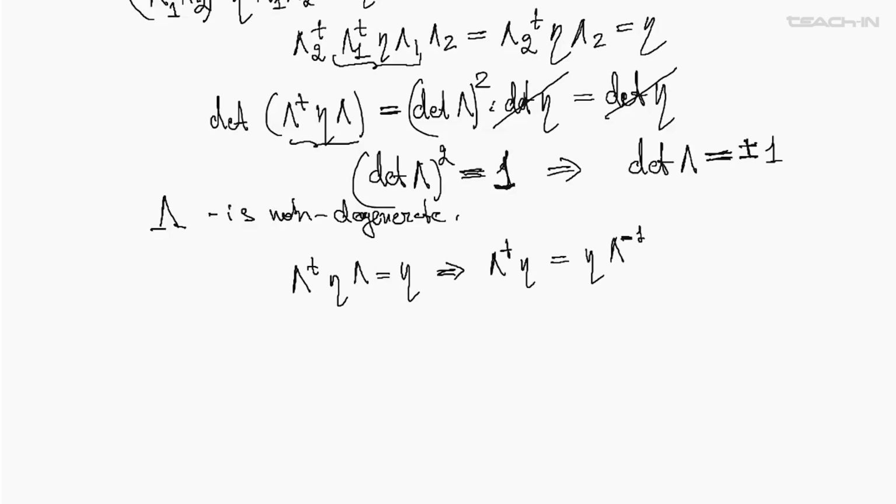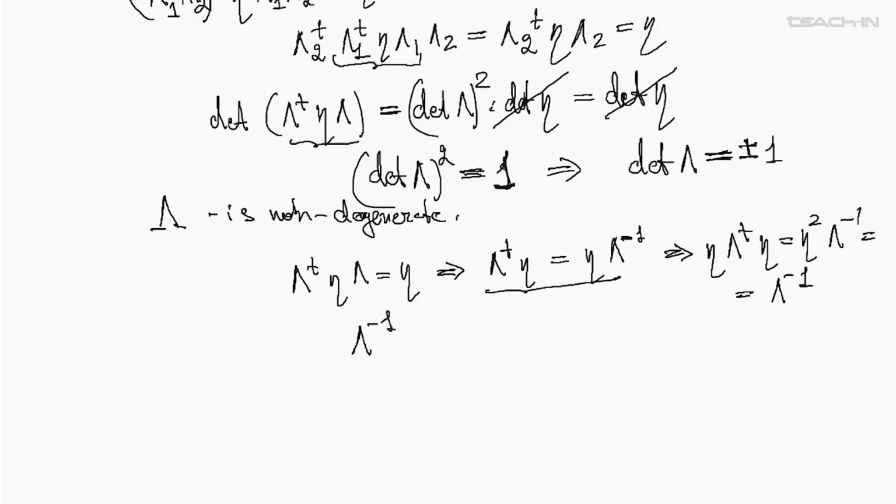And so I will be getting eta lambda transpose eta is equal to eta squared lambda -1. But eta squared is equal to the identity matrix because eta is a diagonal matrix +1 -1 -1 -1 on the diagonal. When you square such a matrix, you get identity. And therefore you get lambda -1. So the inverse matrix of a Lorentz transformation is written via the direct matrix as eta lambda transpose eta.